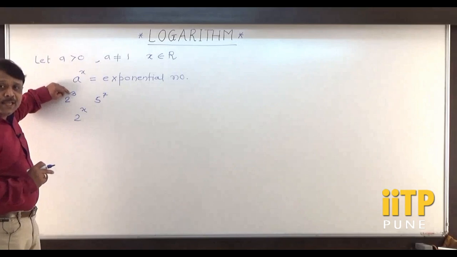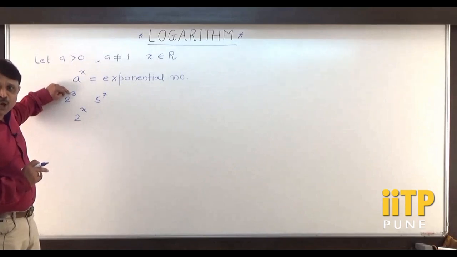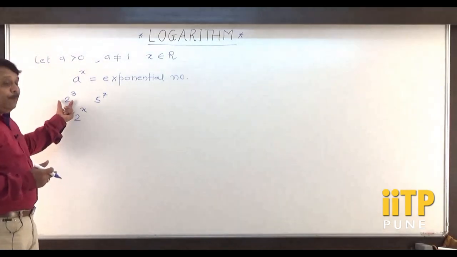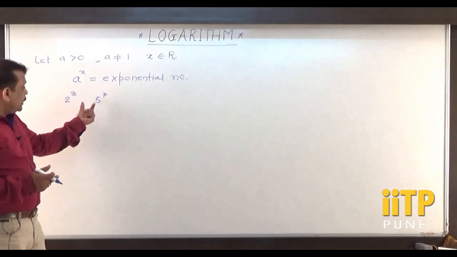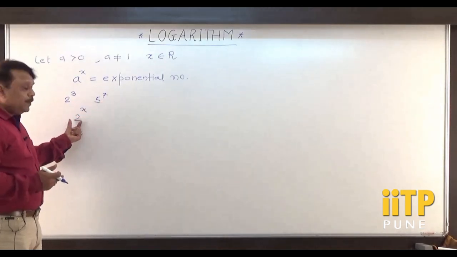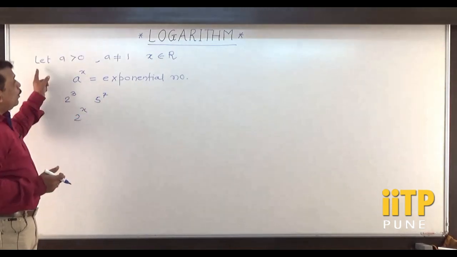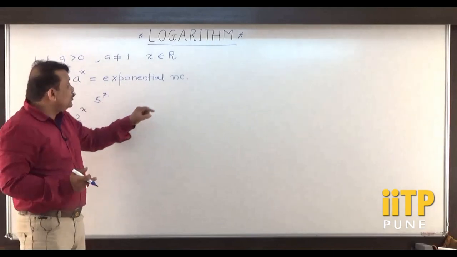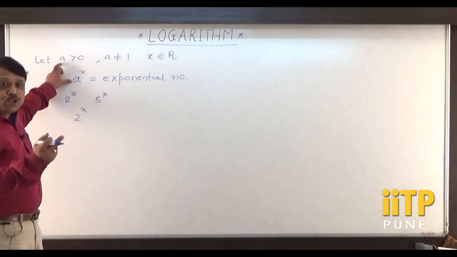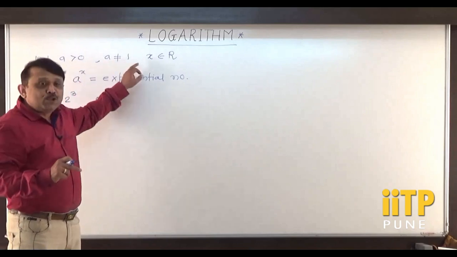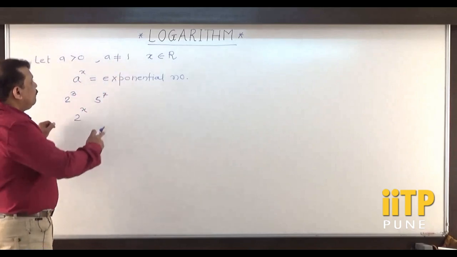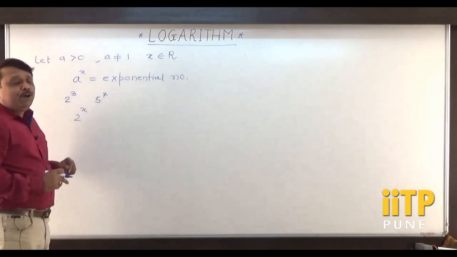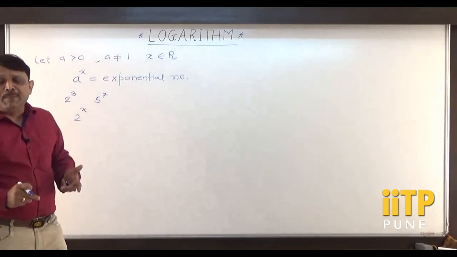Here 3 is the exponent or index or the power, and the base is 2. Here the base is 5. Here the base is again what? 2. Now in order to define this exponential number, the base has to be positive and base is not equal to 1. The fact is that if I choose a equal to 1, 1 raised to any real number is 1.